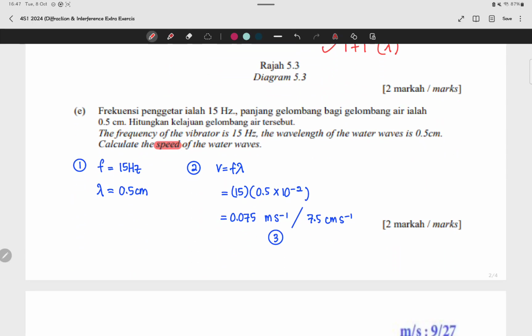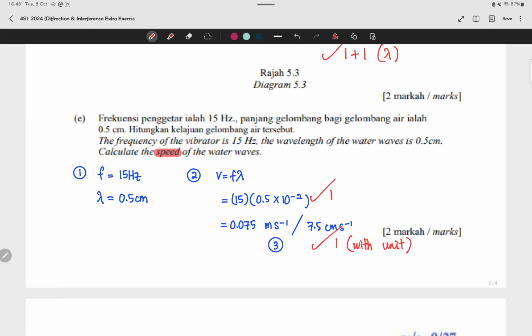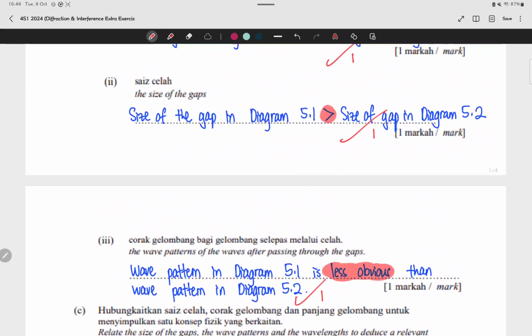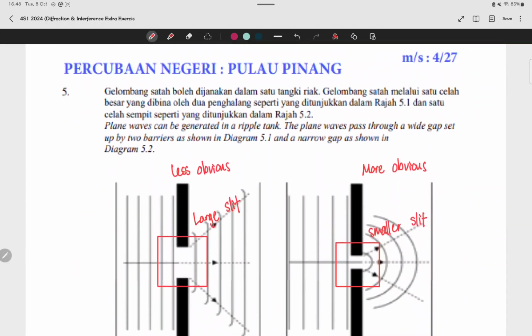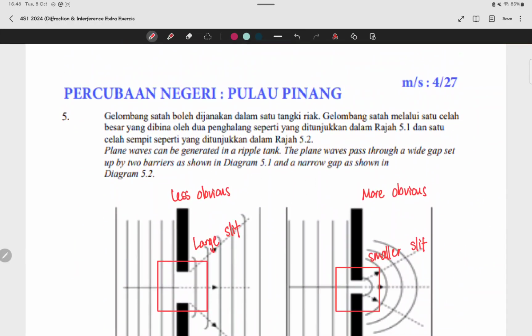Okay, then here 1 mark for substitution with formula, another mark for final answer with unit. So you must have the unit. Okay, alright, so that is for the diffraction topic. Right? Okay, if you have any questions you can just ask me. Alright.